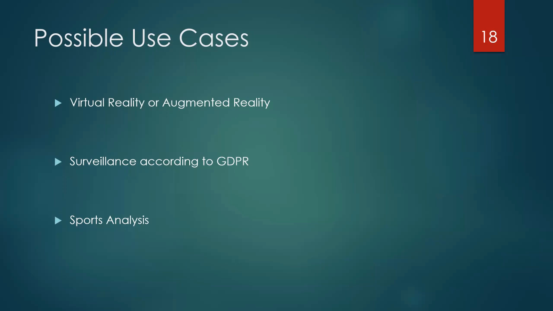And it allows the creation of new different 3D data given modifications to the scene graph. We also believe that this can be used, for instance, to recreate or store surveillance information according to GDPR rules, so that the face of a person is not visible and therefore there are no problems about identification. And we also believe that sports analysis can also be a good goal to use these applications.